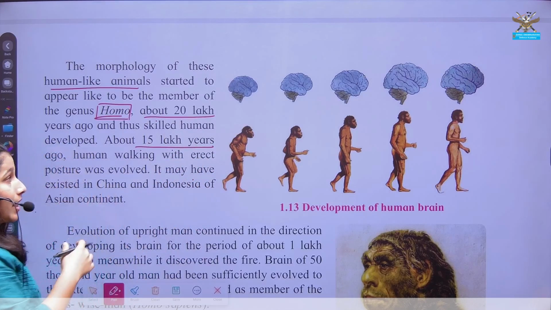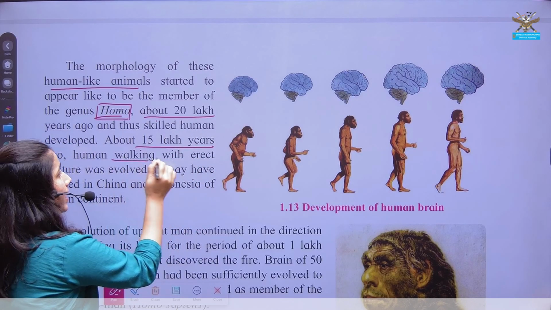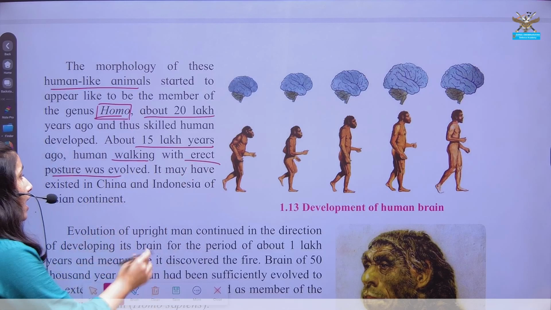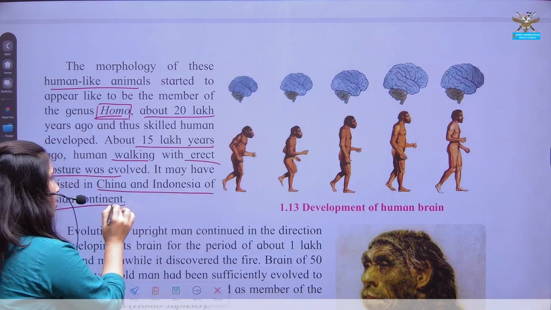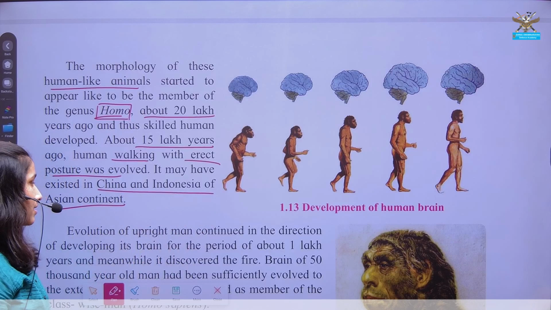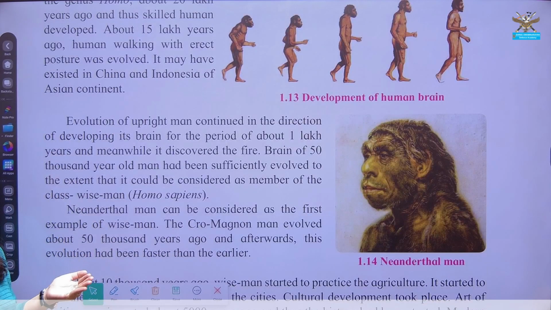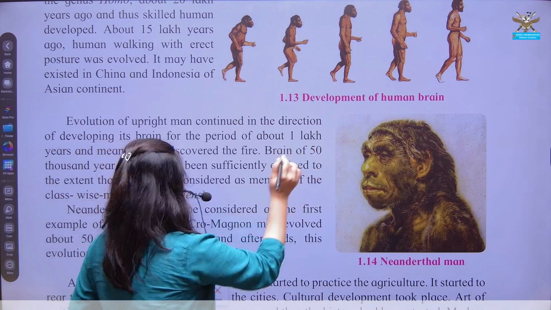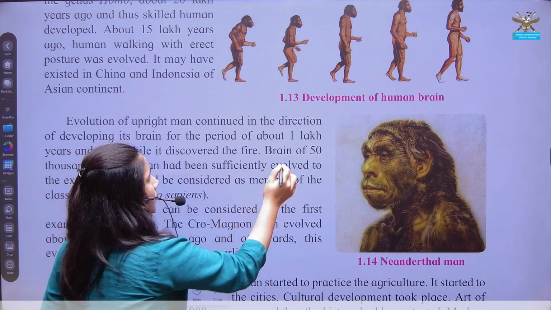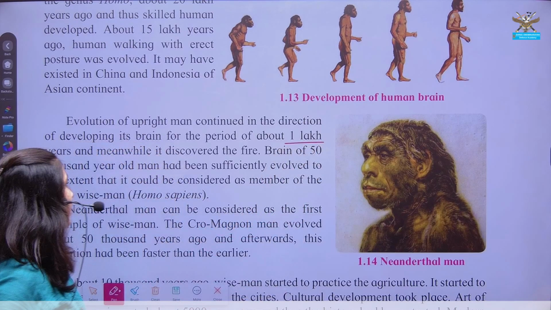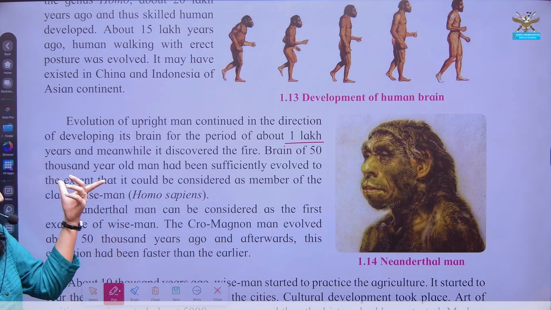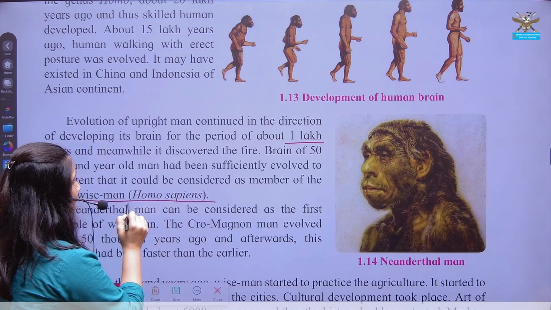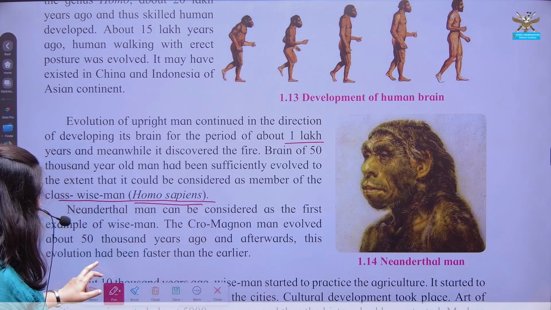A well evolved man with erect walking posture was seen in the areas of China and Indonesia of the Asian continent, and an upright erect man about 1 lakh years ago, and 3000 years before, the first wise man was seen as Homo sapiens.